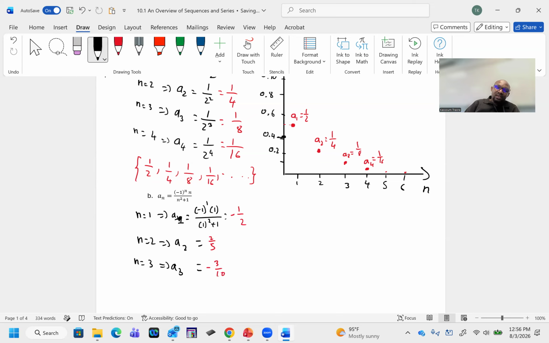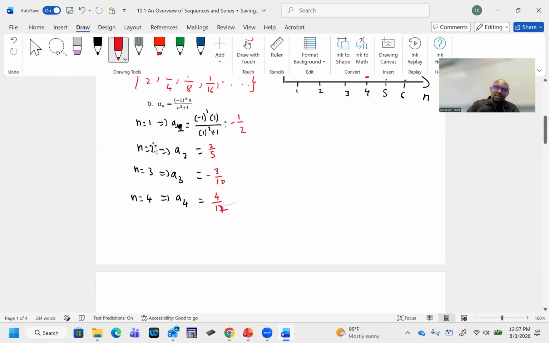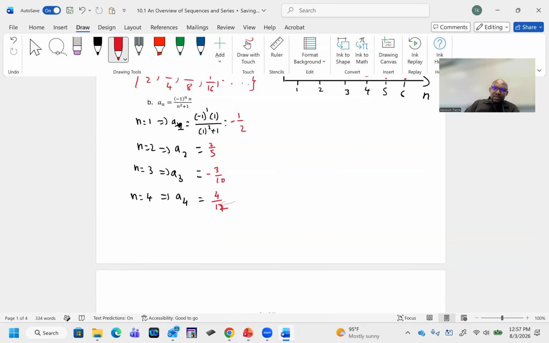And finally, if n is 4, A sub 4 will be 4 divided by 17. So then we will see the first four terms of this sequence will be -1/2, 2 divided by 5, -3 divided by 10, 4 divided by 17, and so on.